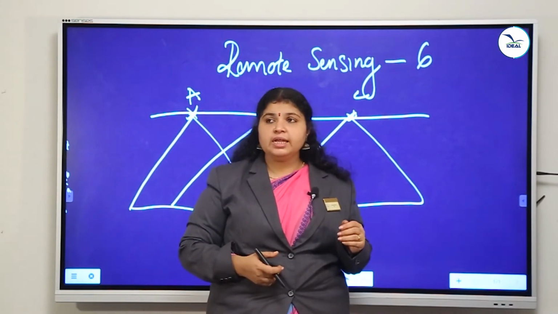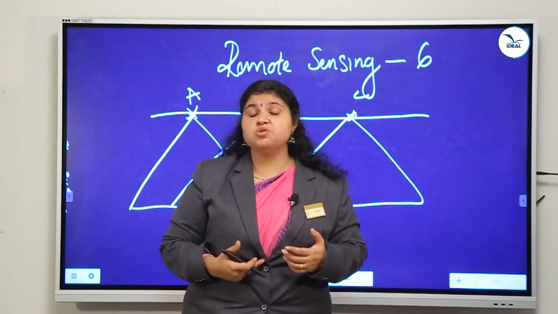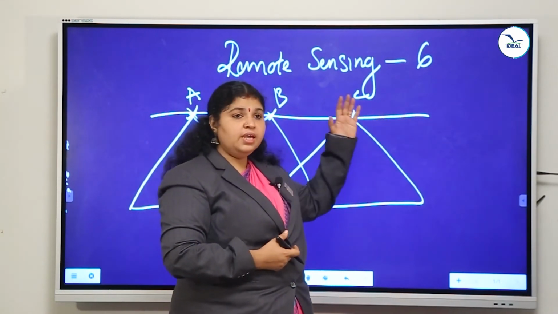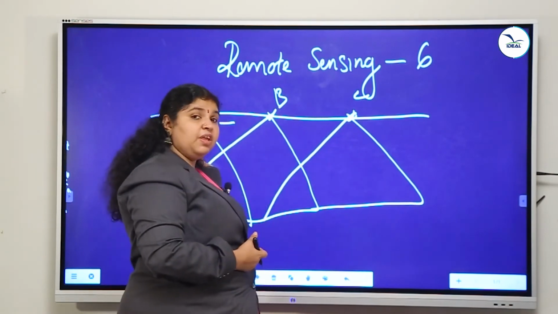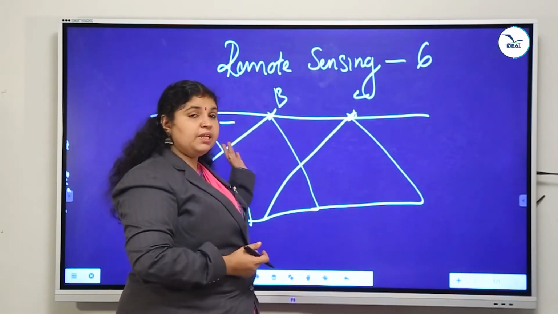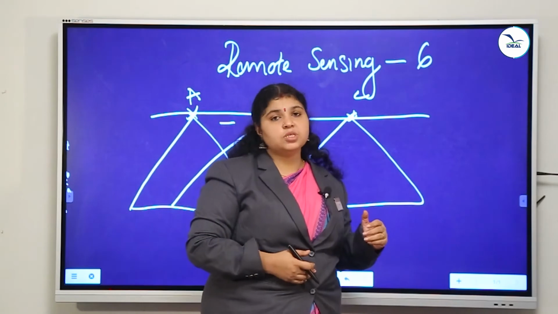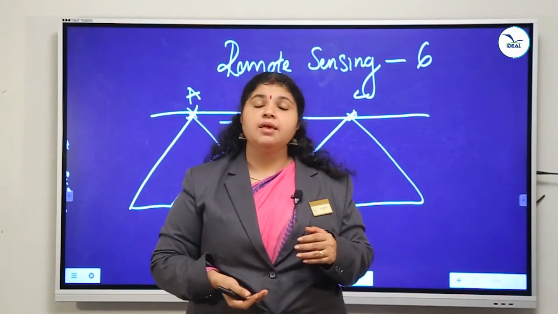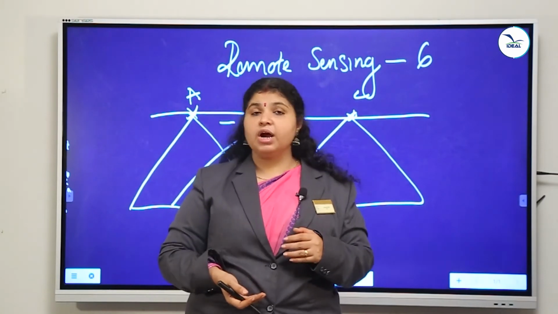Not only that, repetitive data collection is not possible because it takes pictures as it goes; it is not possible to take the previous picture again. So, to overcome the defects of aerial remote sensing, satellite remote sensing started.